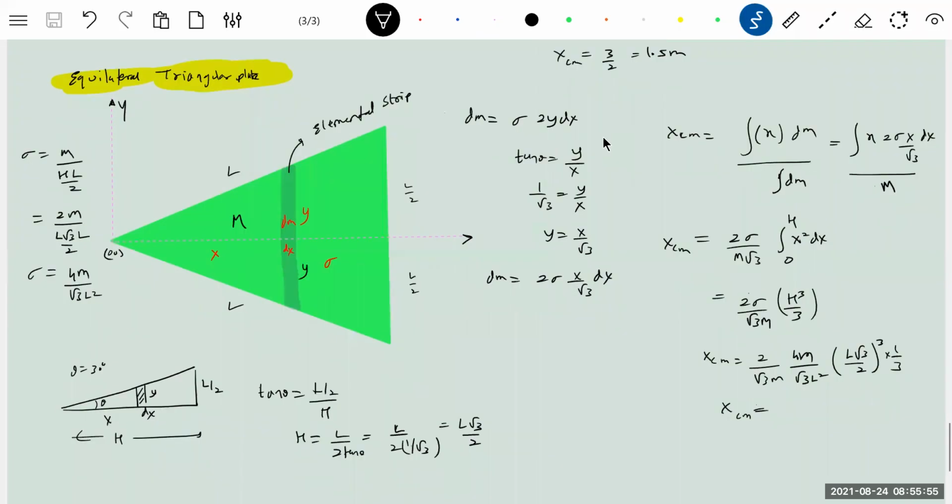Because the side length is given, we are bringing in h. I should not go for h because h is not given. The side length of the triangle is what will be given to us.